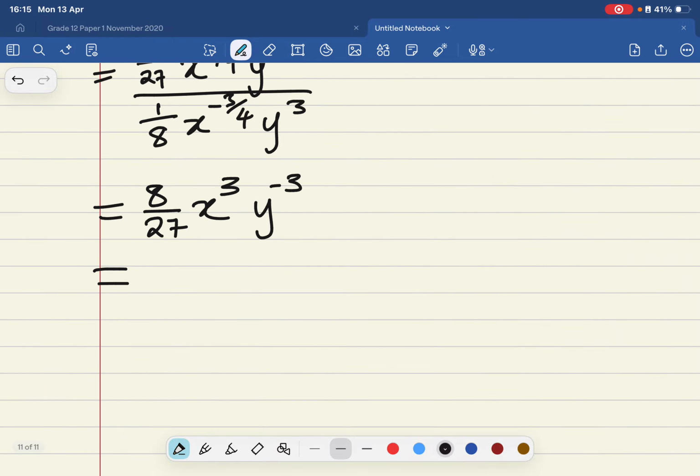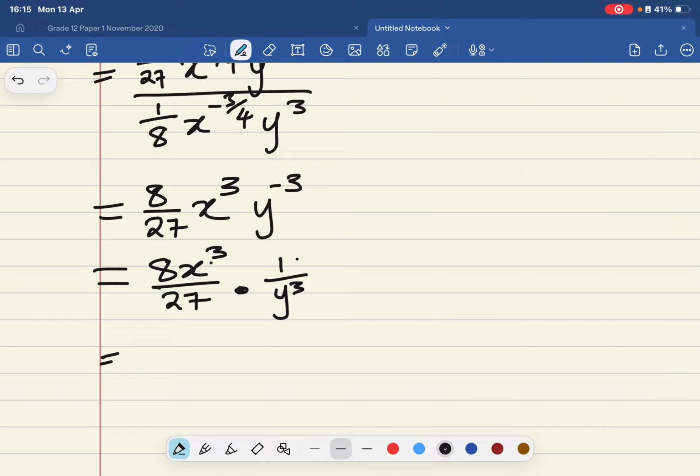And then if I don't want to, I can say it's 8x to the power of 3 over 27 times 1 over, remember when I have the negative exponent, I can rewrite it as 1 over y to the power of 3.